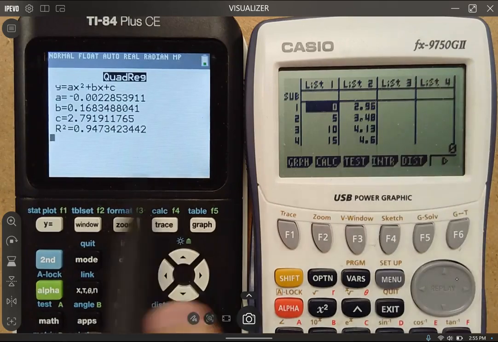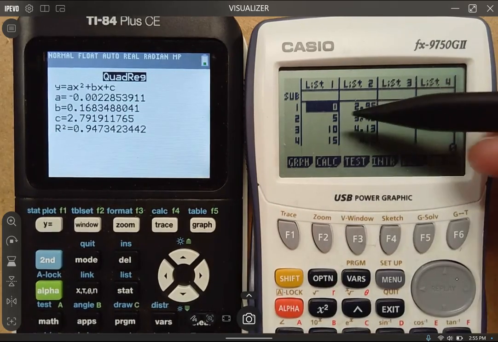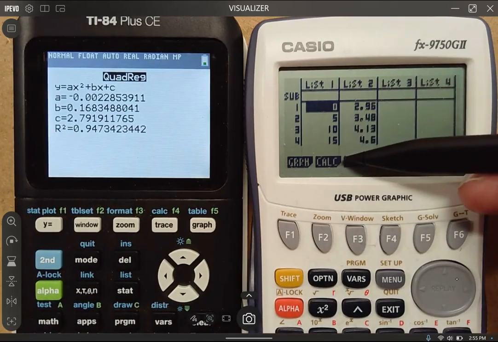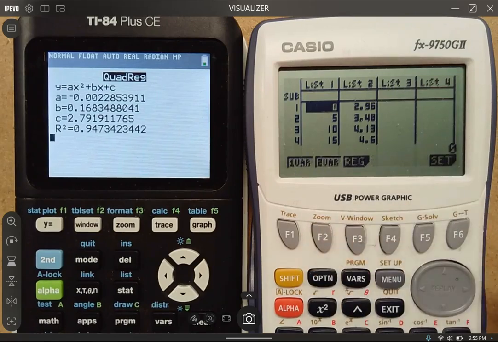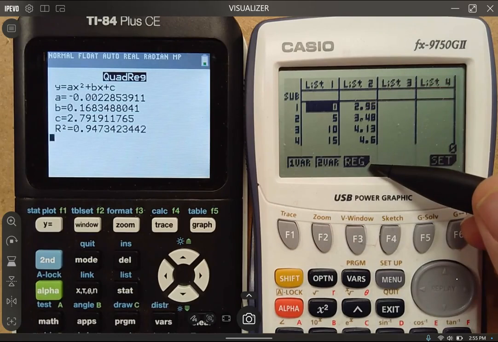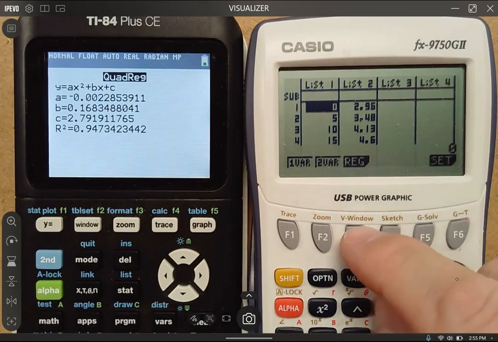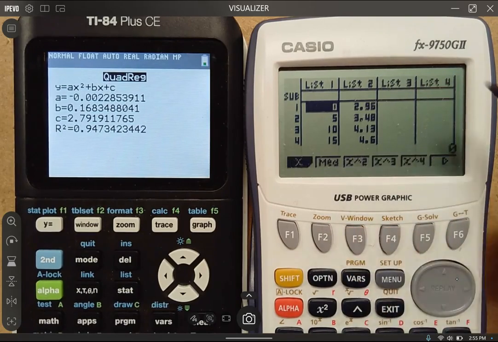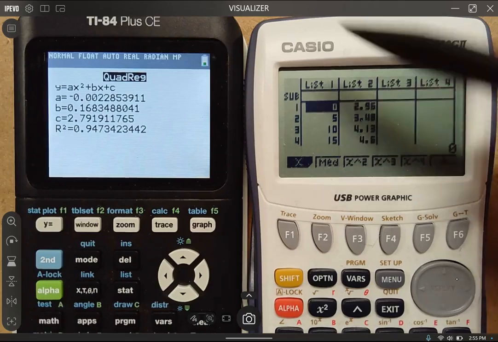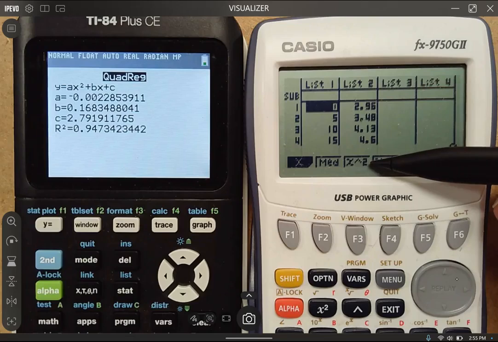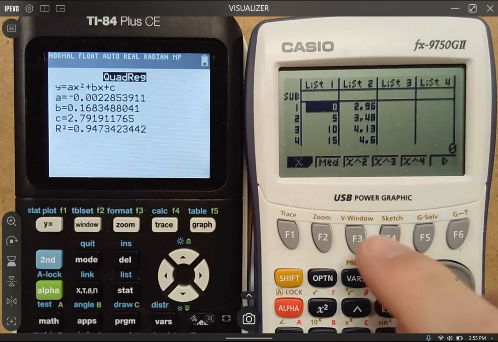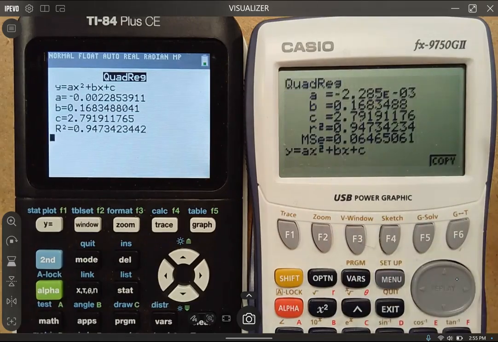All right, so on this one, we also need to calculate, but we see calculate right here. So that's going to be our F2. So go ahead and select F2. We want to calculate a regression, so I'm going to say F3. And we're doing a quadratic, and as we remember, quadratic has the highest power of x squared. So I'm going to pick x squared, and there's my regression.